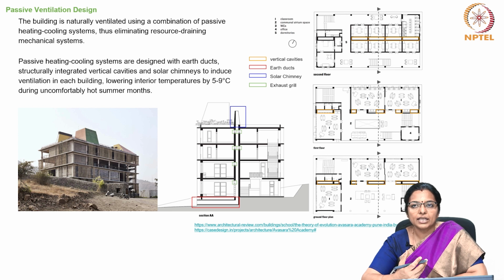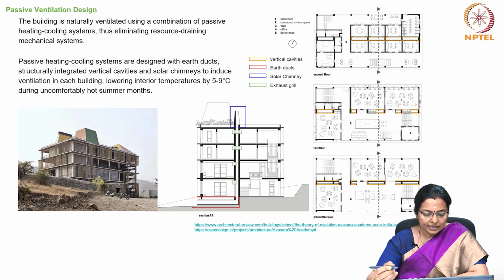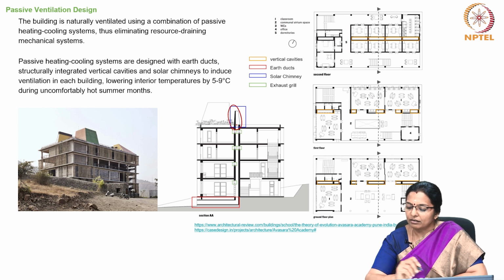So passive heating cooling systems are designed with earth ducts, structurally integrated vertical cavities and solar chimneys to induce ventilation in each building, lowering the indoor temperature by 5 to 9 degrees centigrade during uncomfortably hot summer months. So you can see in this building that there is a solar chimney right at the center.